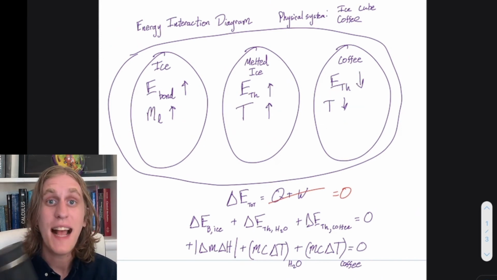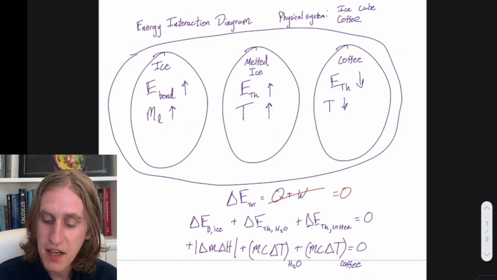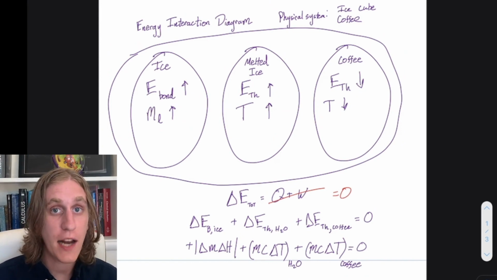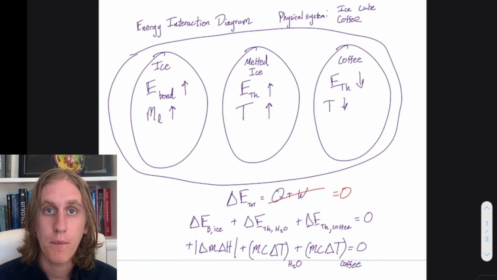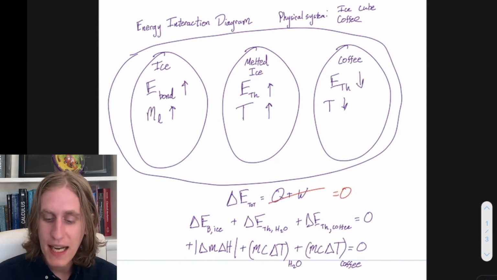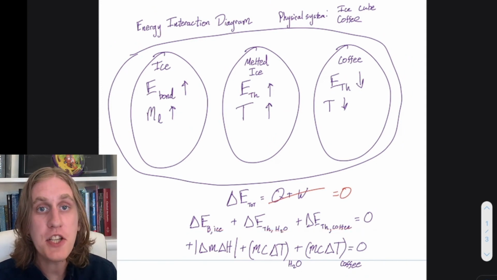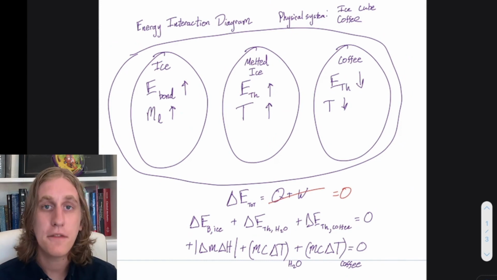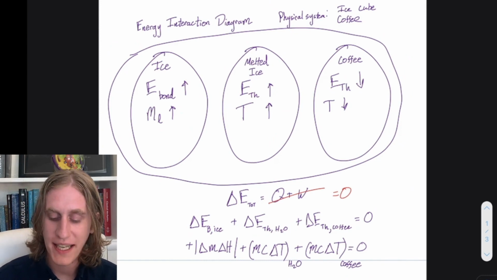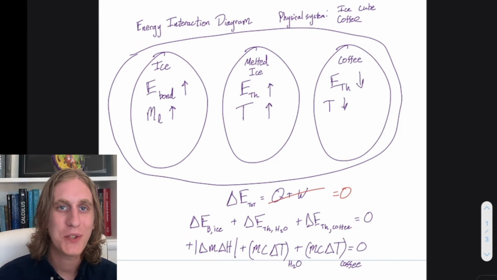We discovered that this thermos is a closed system, and because of that, the total change in energy for our entire system must be equal to 0. The last thing we did is expand out our terms, writing out a change in energy term for each kind of energy in the system. And from there, we turned those delta E's into an actual equation that describes specifically how those kinds of energy change.